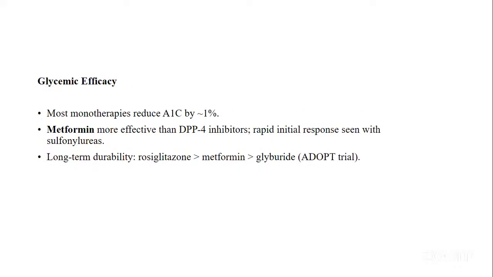For glycemic efficacy, most monotherapy reduces the A1C level by 1%. Metformin is more effective than the DPP-4 inhibitor, there is a rapid initial response with the sulfonylureas, and for long-term durability, rosiglitazone has more effect than metformin, which has more effect than glyburide.